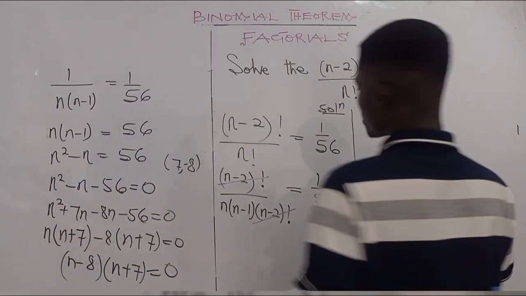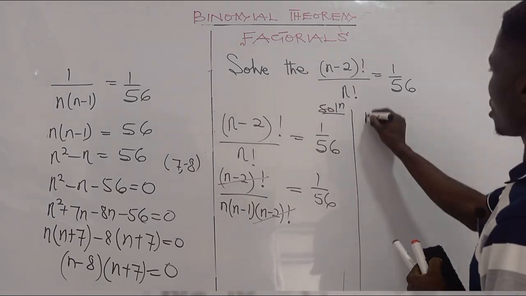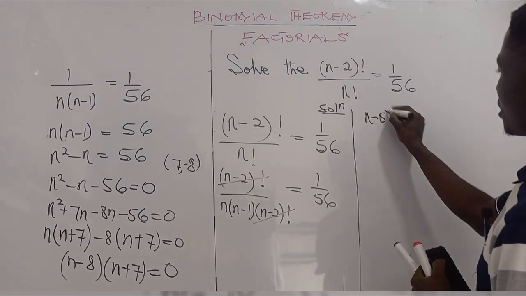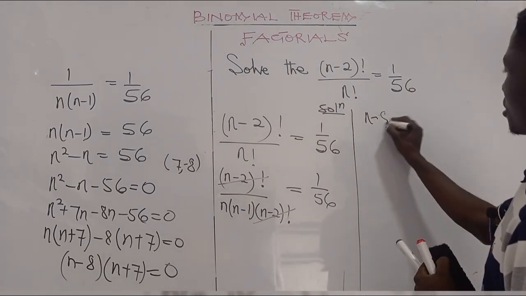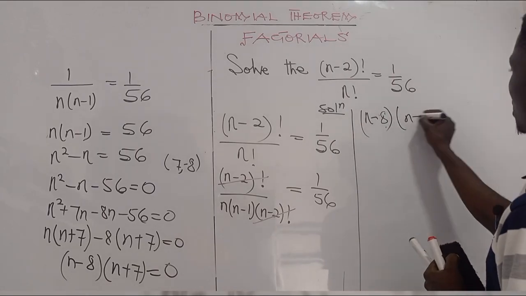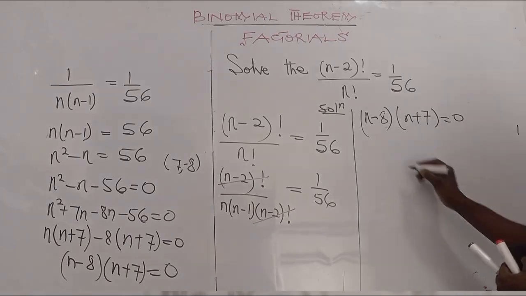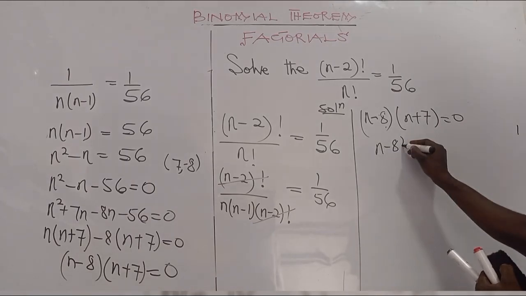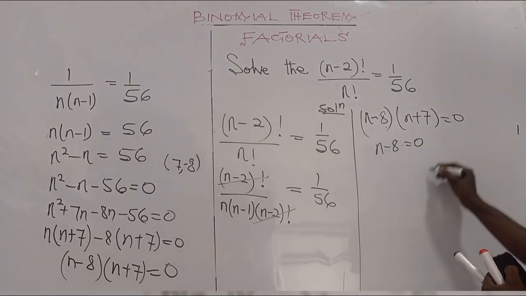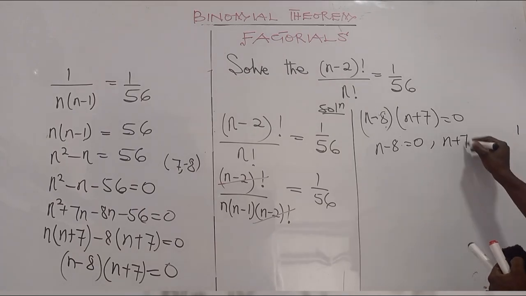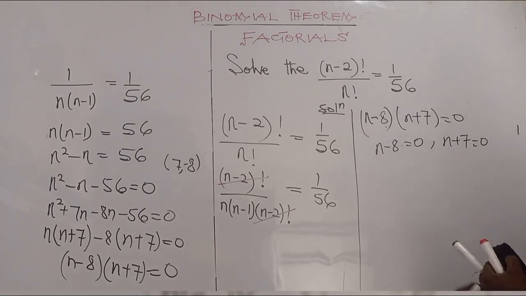Let's continue from this side. So we have n minus 8 and then we have n plus 7. That is equal to 0. Now we know that n minus 8 is equal to 0 and n plus 7 is equal to 0.